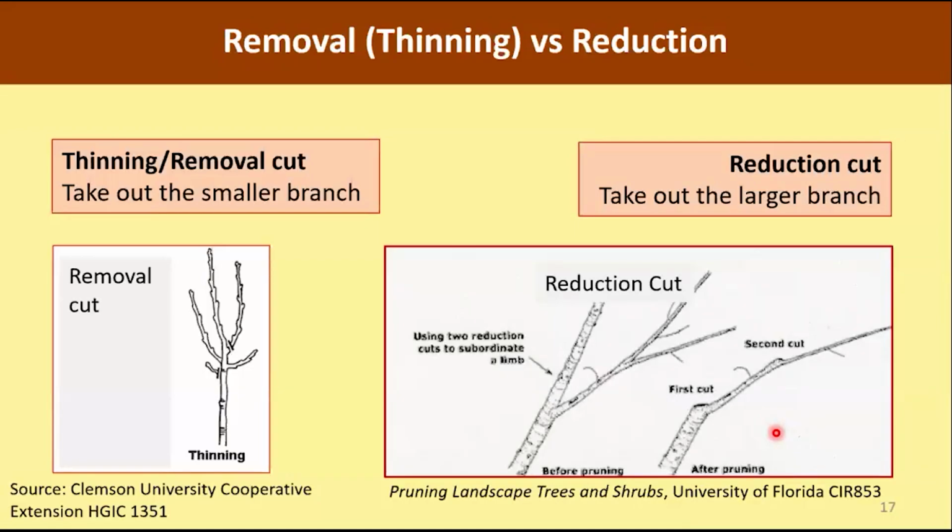On the surface, it looks like a thinning cut, which is also called a removal cut. Both of these cuts take place where two branches come together. Now let's take a look at the right illustration. The reduction cut is made where the upright one or the more vigorous one is removed.